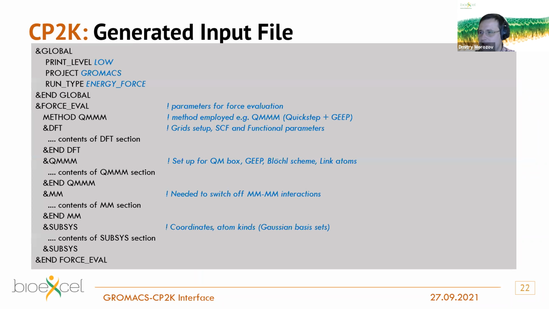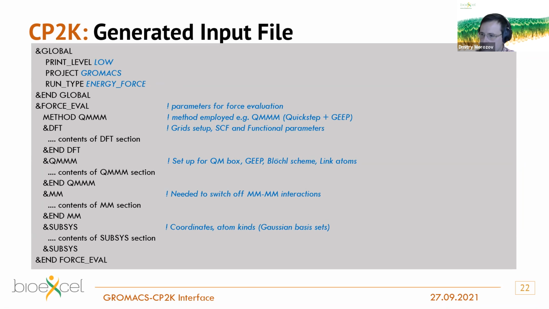So this is what typically generated CP2K files look like. What the interface requires here is that run type should be energy force, of course, because you want to calculate energies and forces on each step. Then we use method QMMM. We set up automatically the QM box, shape and level scheme, in case, of course, you are using the predefined parameters.